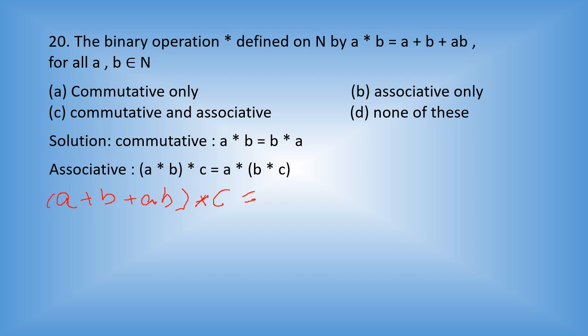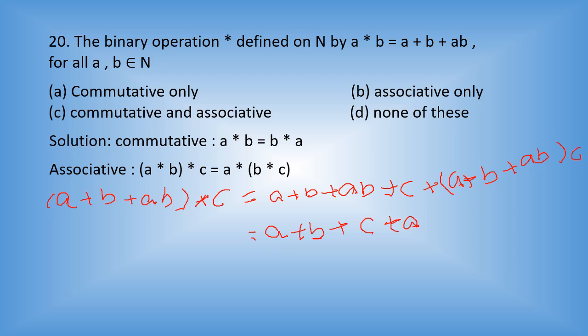Wherever B is there, you have to write C. So A plus B plus AB, this is the term A. Then plus B, that is nothing but C, plus A times, or A plus B plus AB times C. So this will be equal to, finally you will get A plus B plus C and the two-letter terms AB plus BC plus AC and the last term will be ABC.